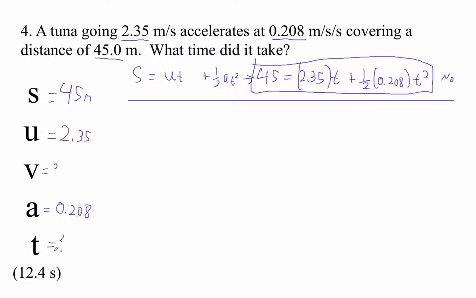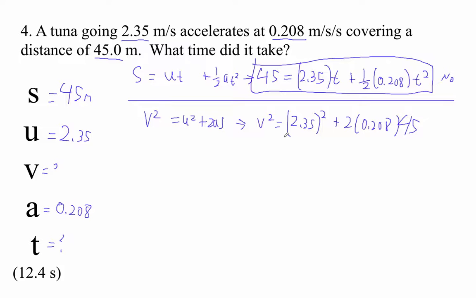So let's use, I guess, no t to find v. Is that right? Okay, so no t is v squared is u squared plus 2as. And that becomes v squared equals 2.35 squared plus 2 times 0.208 times 45.